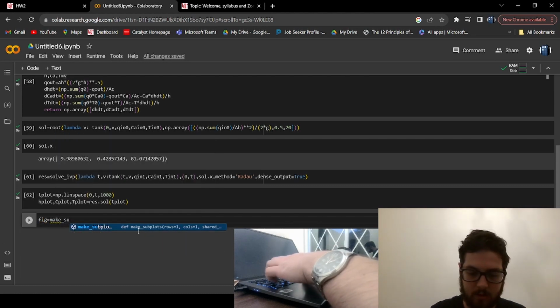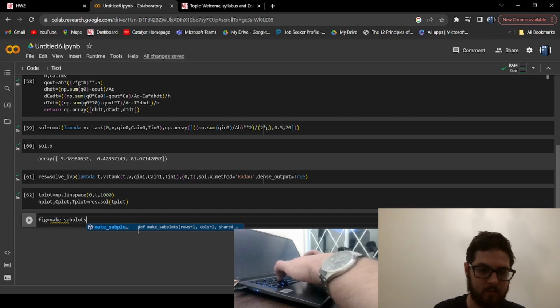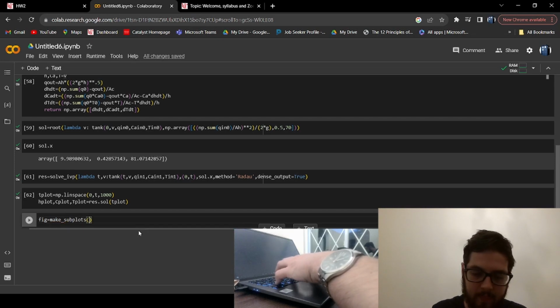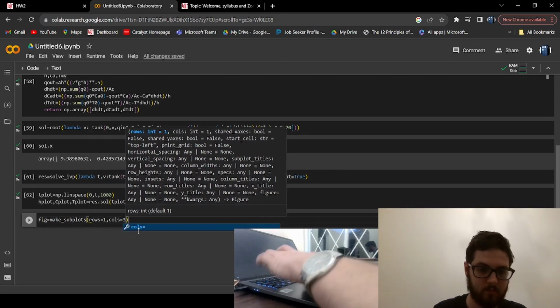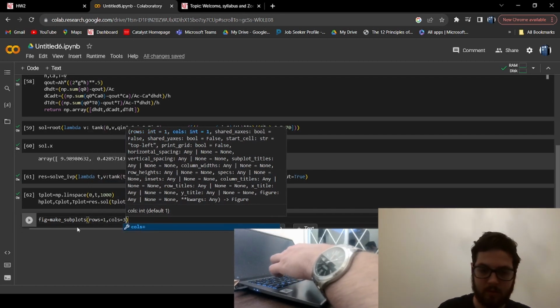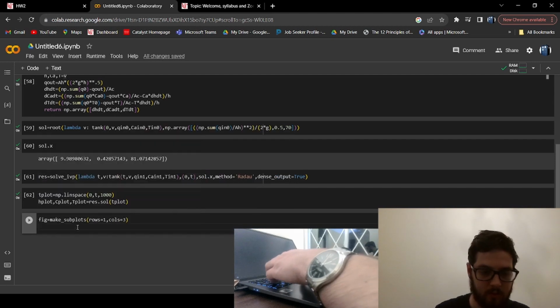And then we just get to make subplots. We want one row, 3 columns.